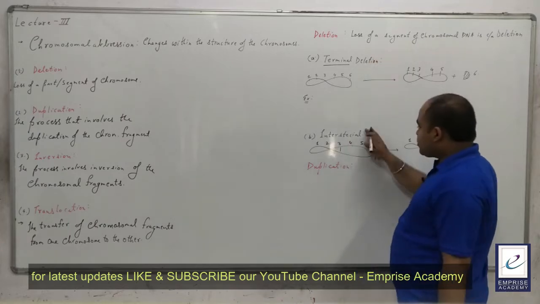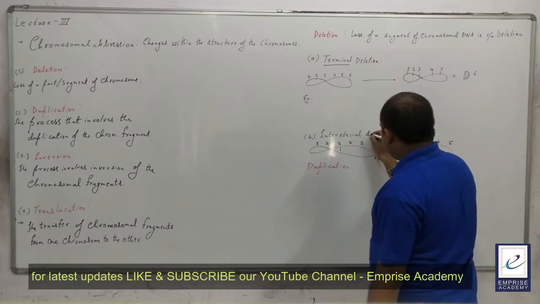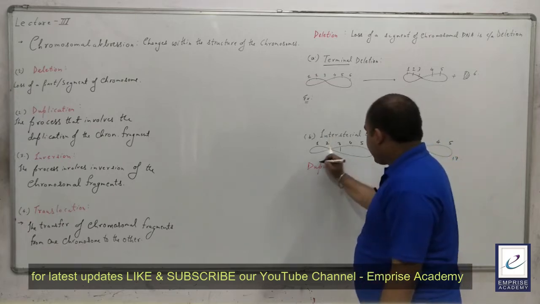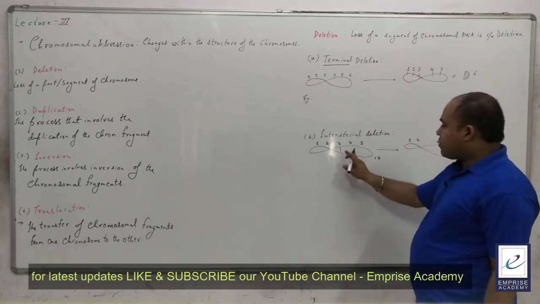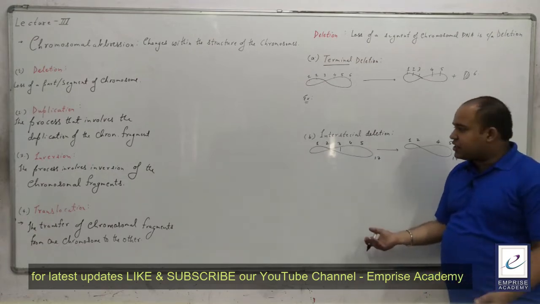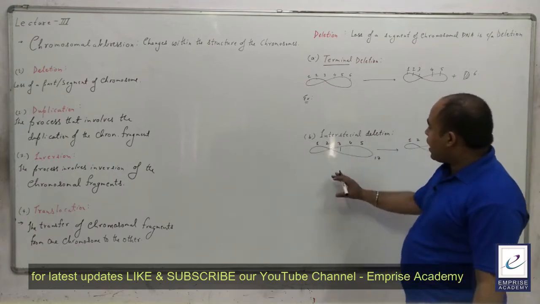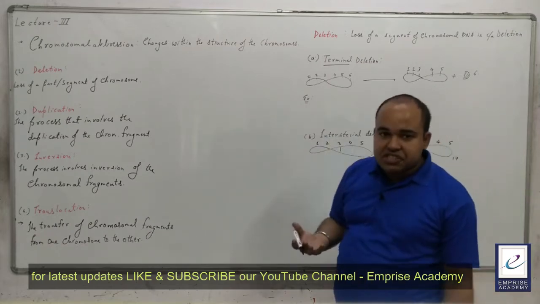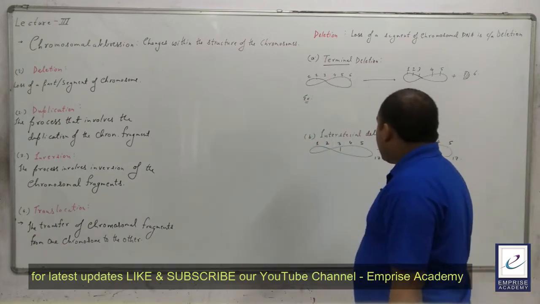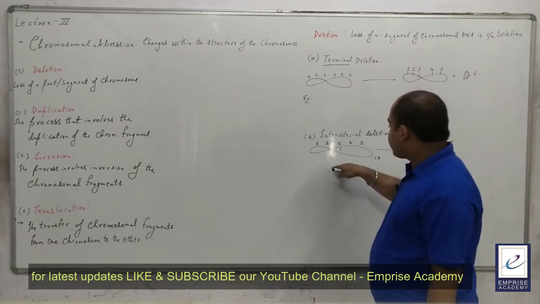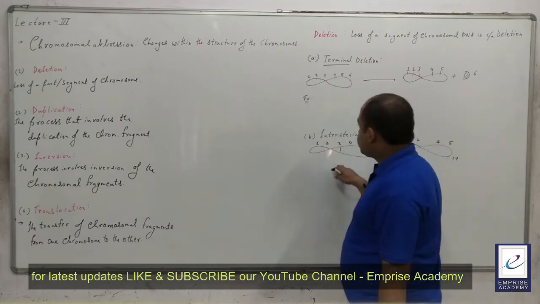In the case of interstitial deletion, any segment of the gene is being deleted from anywhere, it is called interstitial deletion. Terminal deletion is much more common as compared to interstitial deletions.